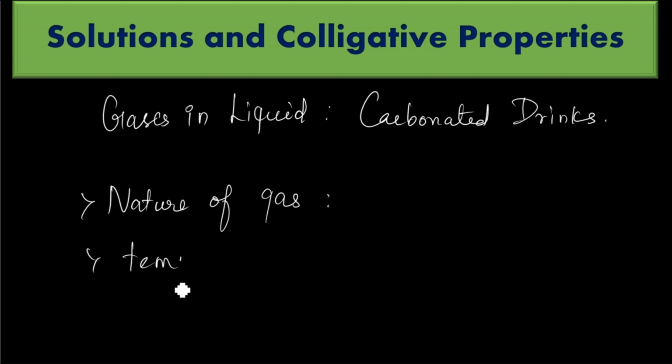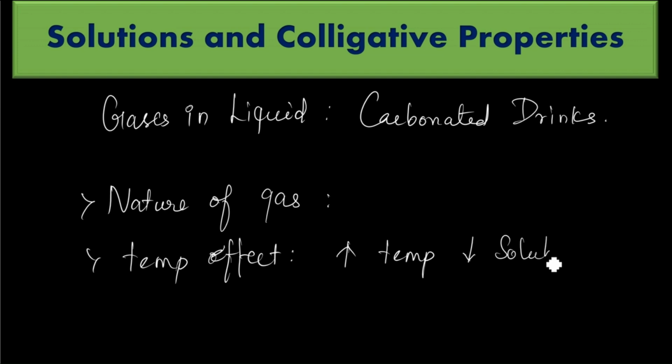Talking about the effect of temperature: increasing temperature will decrease the solubility. Ma'am, how? In the case of liquids, you said that an increase of temperature in an endothermic condition may lead to an increase in solubility, but here you are saying a decrease in solubility.